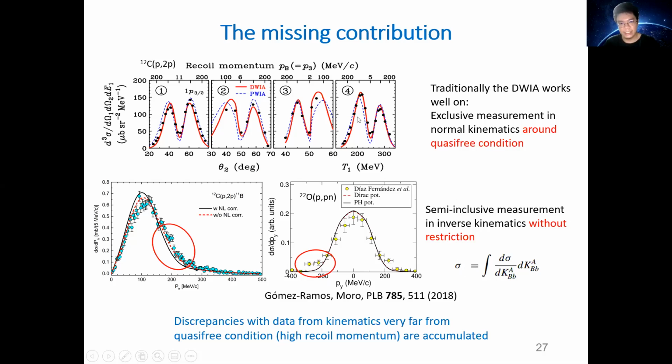For normal kinematics, you just fit at the peak, right? But for this kind of semi-inclusive reaction, we usually integrate to get the integrated cross sections, and then we divide by the experimental cross sections. So all of the discrepancy you see here will accumulate, and it will result in a discrepancy, basically inaccurate extraction of reduction factors.